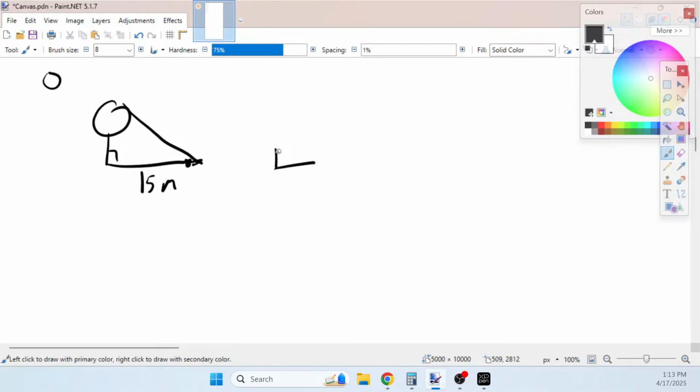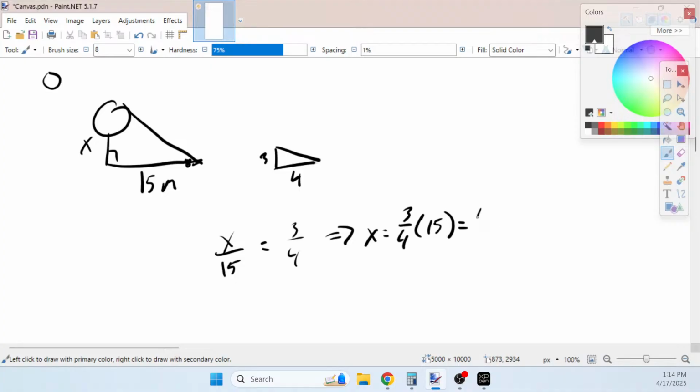It says it's a pole, 3 meters tall. That's a 4 meter shadow. So that means that x over 54, x equals, which is 45 over 5.